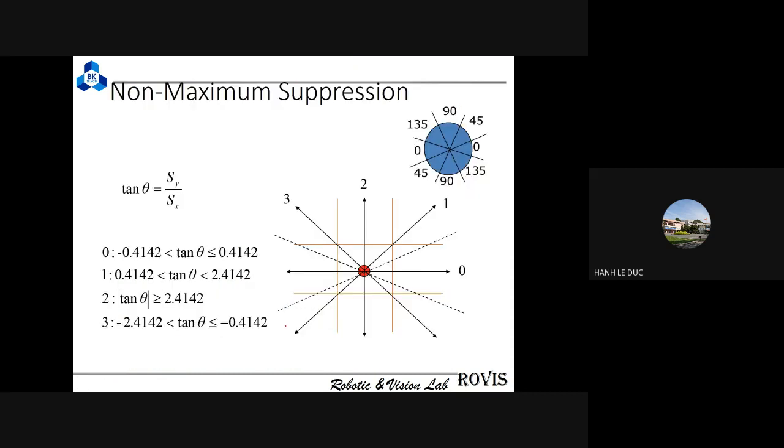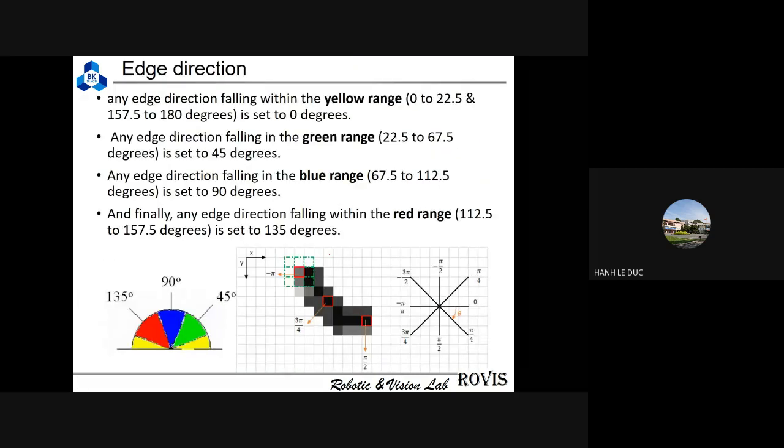So how do we zip it into the bins? This is the equation. If the calculated theta ranges from 0 to 22.5 or 157.5 to 180, it is considered bin 0, so 0 degree.